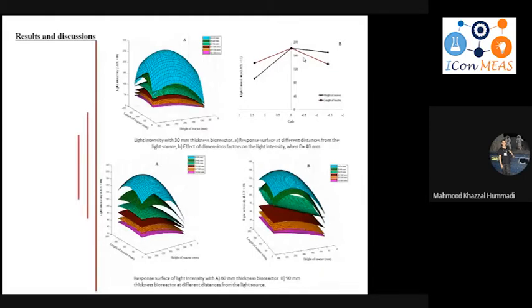With a larger cross section, meaning Z equal to 60 and Z equal to 90 millimeters, actually there is no significant difference if we compare with the 30 millimeters cross-section area.